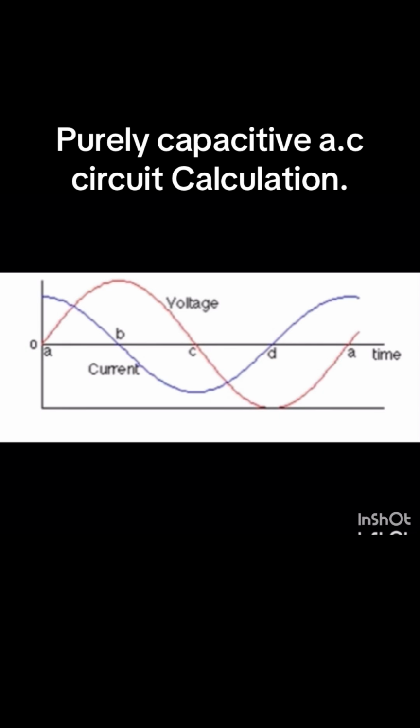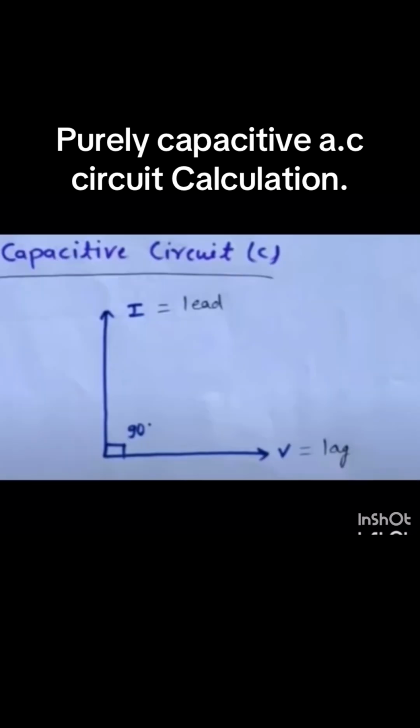So the blue color represents the current, which has moved 90 degrees before the voltage starts. Okay? And as a result, we see that the current leads voltage by 90 degrees, or that the voltage lags behind current by 90 degrees.